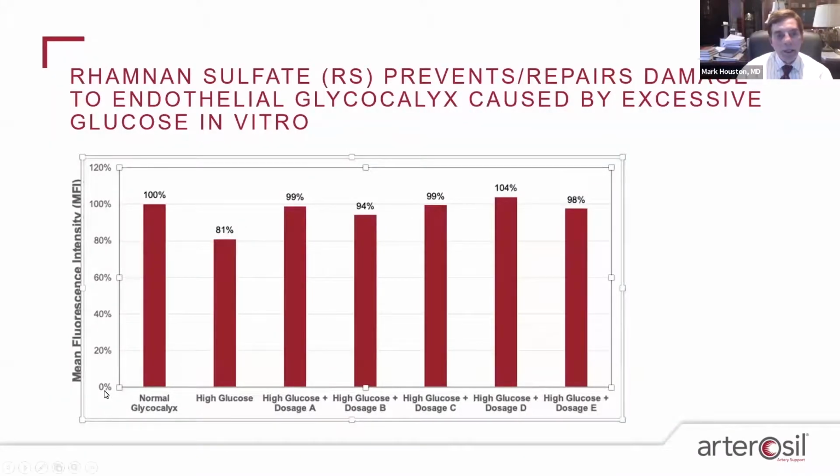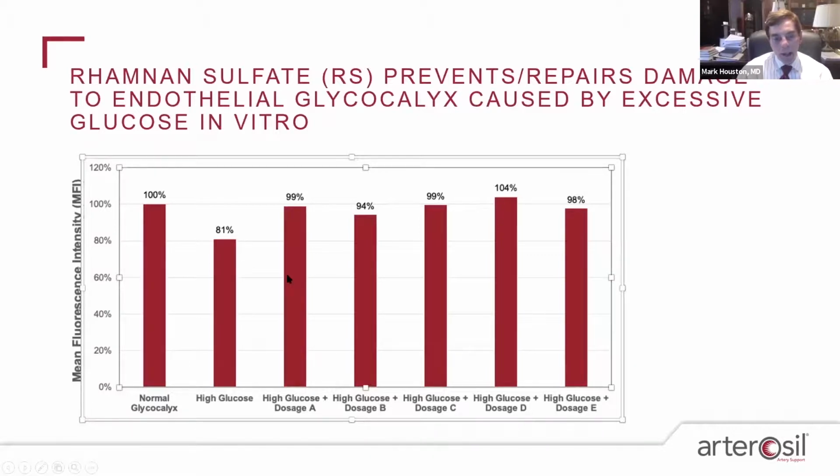This is some data looking at the glycocalyx repair system caused by excess glucose in vitro. So over here at the far left, we have a normal glycocalyx, and then we add a high content of glucose. You can see that the intensity drops now to damage at 81% of normal.